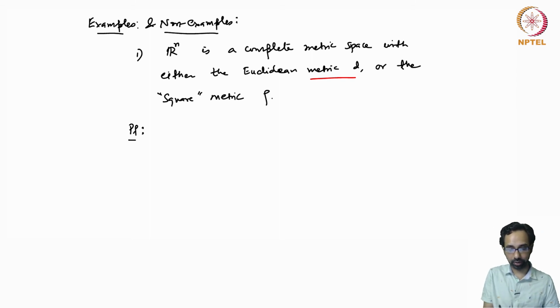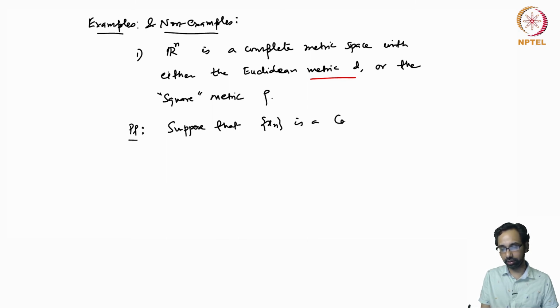So suppose that x_n is a Cauchy sequence in R^n, and we have to show that x_n converges.